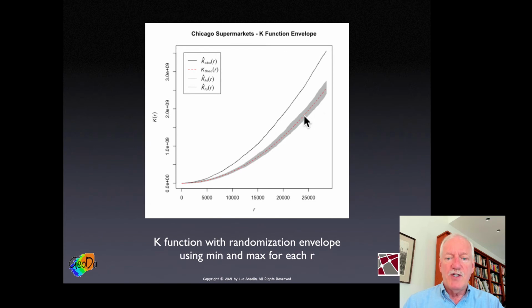With the randomization envelope, we have this gray zone here. Again, same principle as previously for the letter functions. We simulate many spatially random point processes and compute the statistic for each of those, and then stack them up for each given distance and take the maximum and minimum, or a given quantile like 95% and 5%.